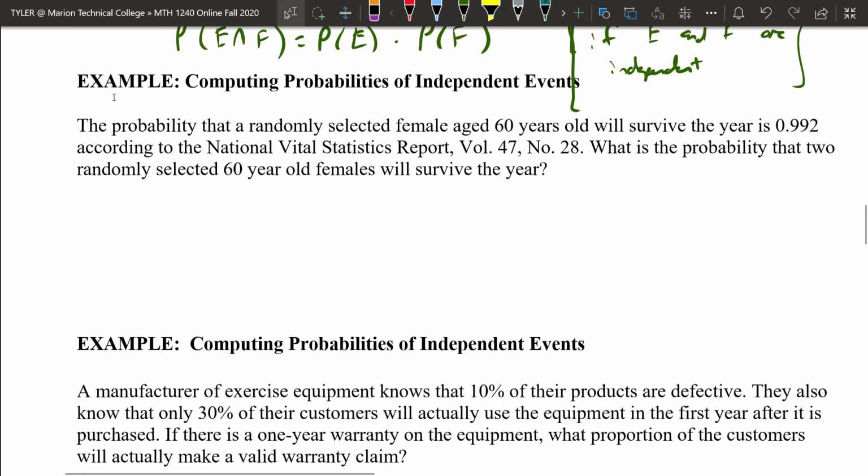So here's an example of computing probabilities of independent events. It says the probability that a randomly selected female aged 60 years old will survive the year is 0.992. According to the National Vital Statistics Report, what is the probability that two randomly selected 60-year-old females will survive the year?